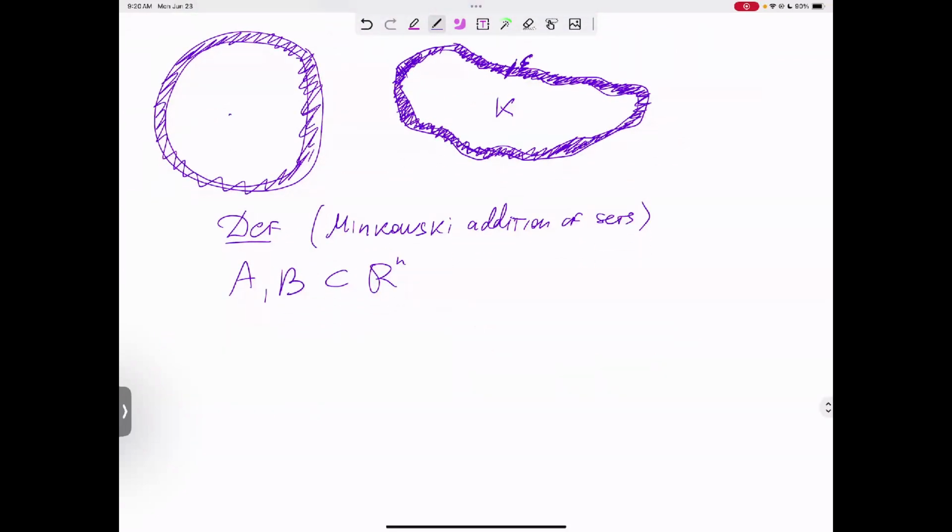A plus B is a collection of points of the form a plus b, where a is in A and b is in B. So the Minkowski sum of sets is just a set consisting of sums of vectors, where vectors are taken from these two sets correspondingly. Any questions about this?